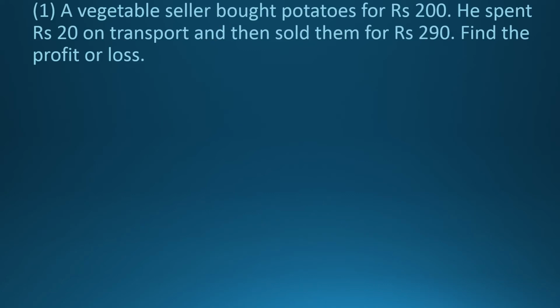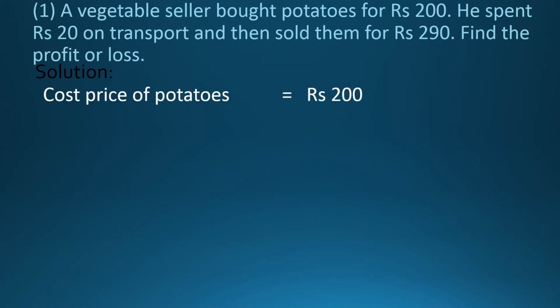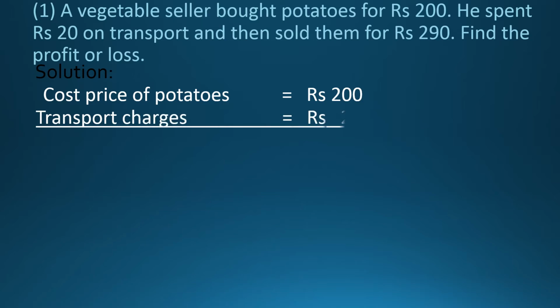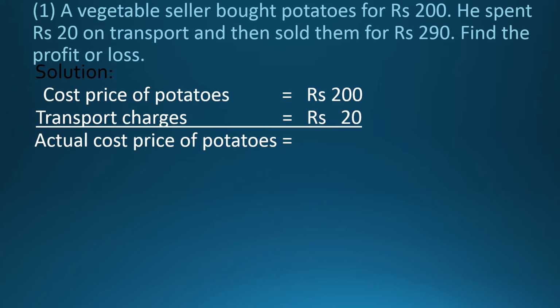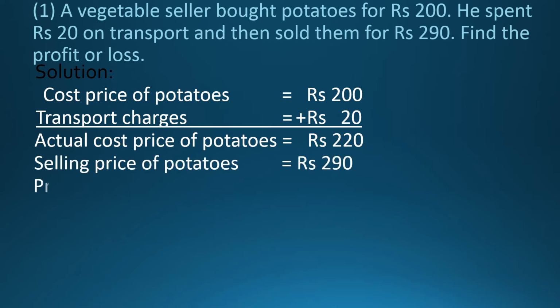Question number 1. A vegetable seller bought potatoes for rupees 200. He spent rupees 20 on transport and then sold them for rupees 290. Find the profit or loss. See, in this question, cost price of potatoes is rupees 200 and transport charges is rupees 20. So actual cost price of potatoes is rupees 200 plus rupees 20, which is equal to rupees 220, and the selling price of potatoes is rupees 290.